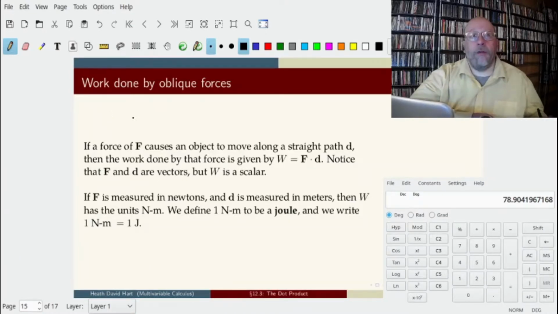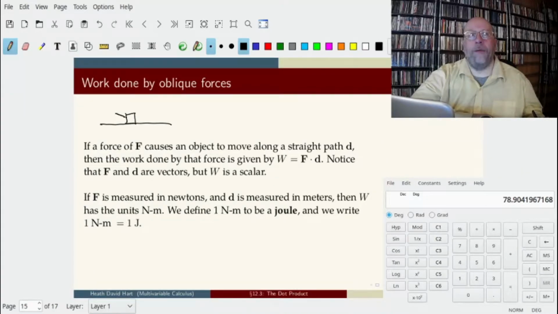Work done by oblique forces. By oblique, we mean that we may not necessarily be using the force as efficiently as possible. For example, I might be trying to slide a box along a platform, but I'm not applying the force exactly in parallel to the platform.